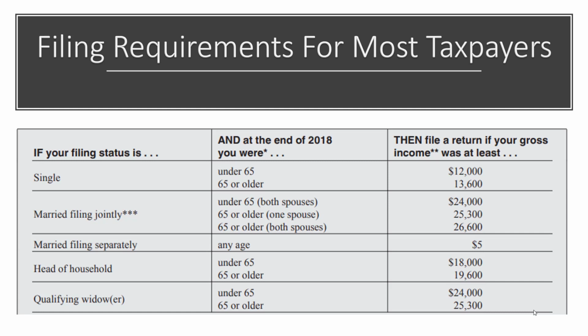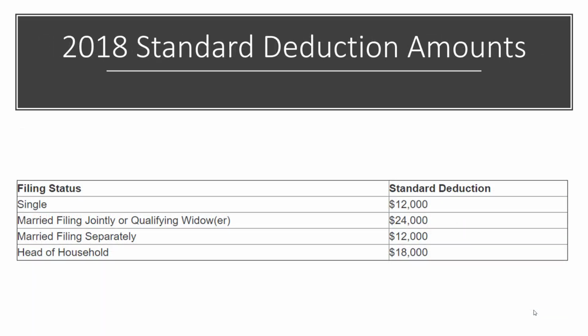And you notice that these numbers marry up with the new standard deduction amounts. And here they are, the 2018 standard deduction amounts. Like we said, single $12,000, married filing jointly $24,000, married filing separately $12,000, and head of household $18,000.